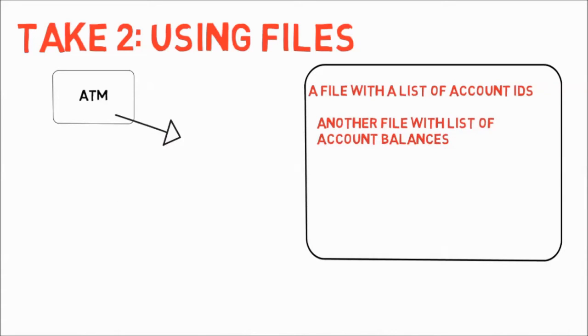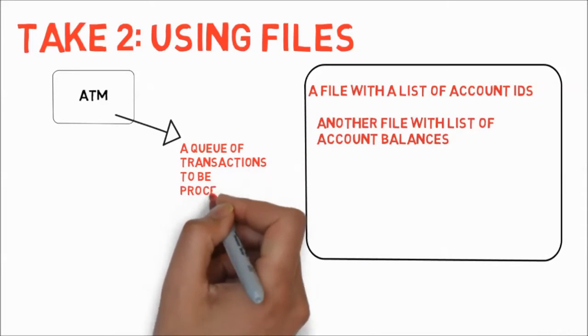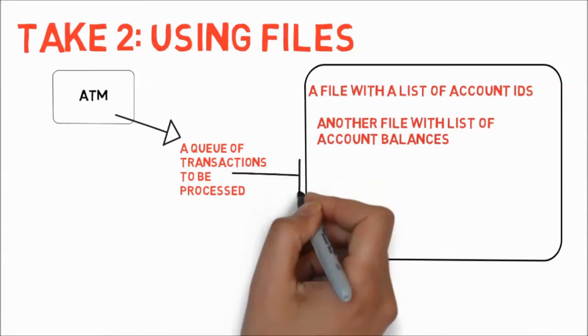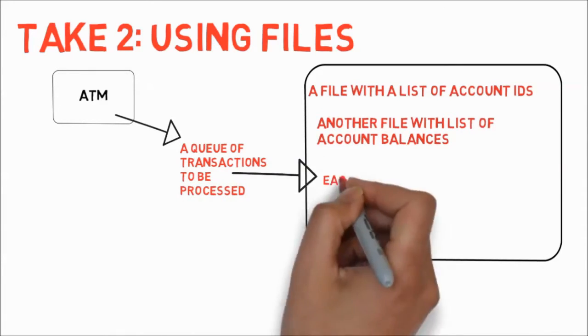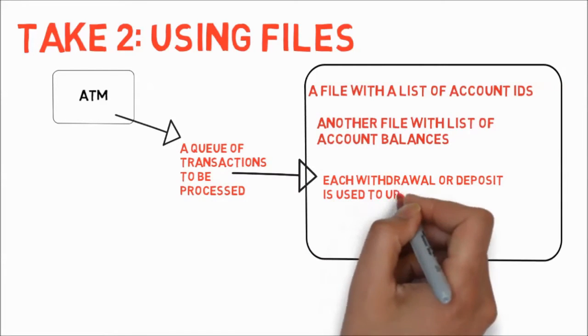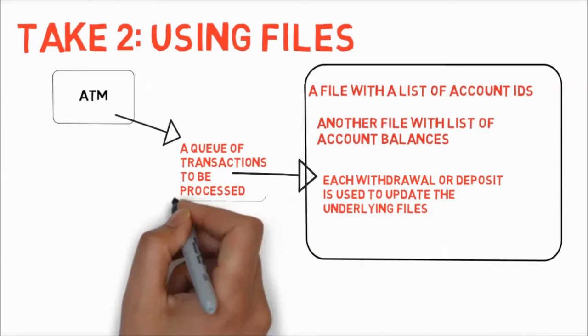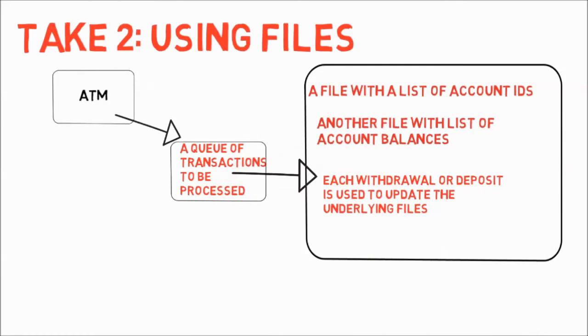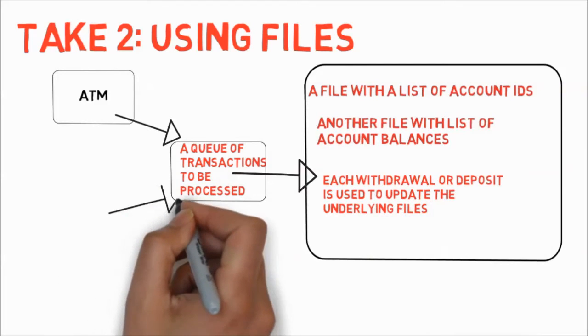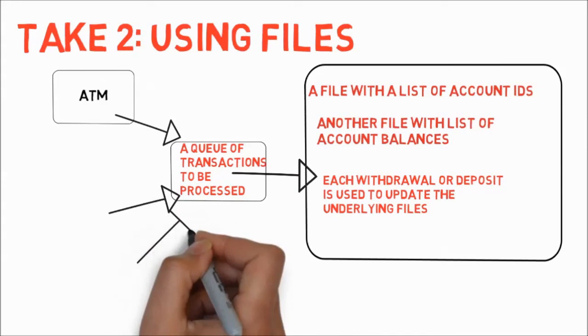Whenever a withdrawal or a deposit happens at the ATM, it gets added to a queue of transactions which are processed one by one, and each of these withdrawals or deposits is used to update the underlying files.